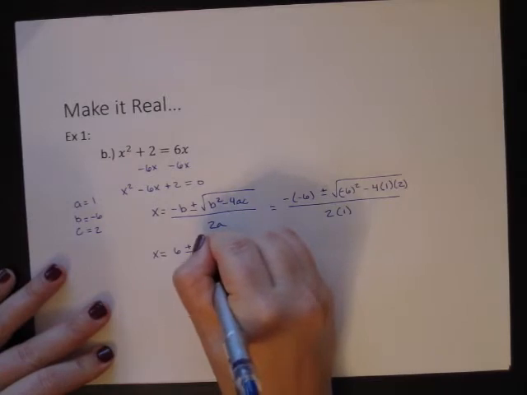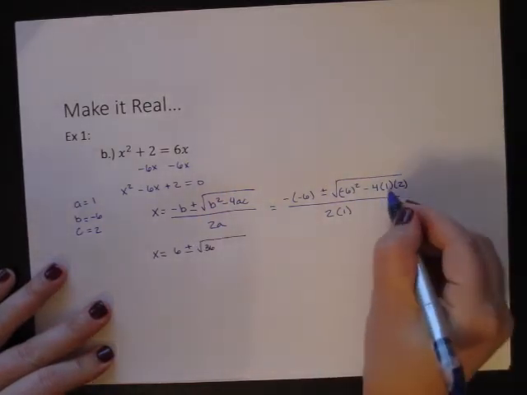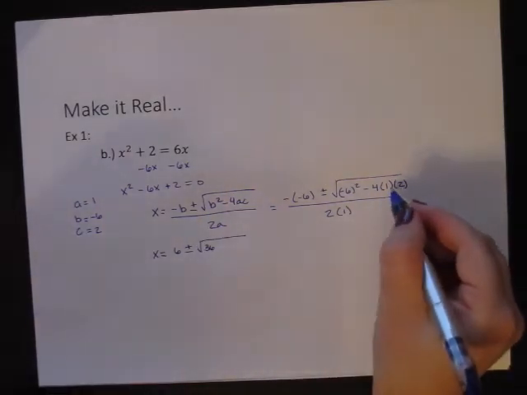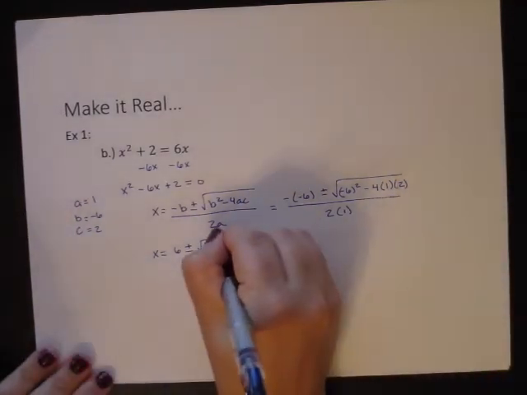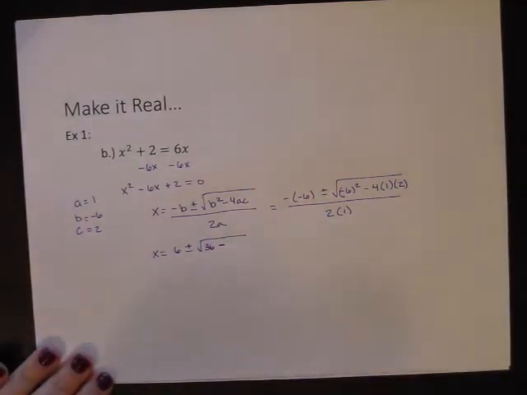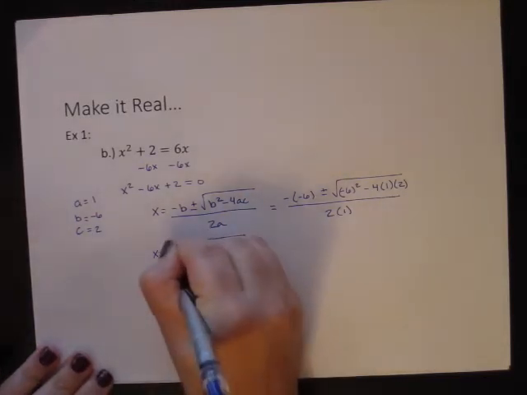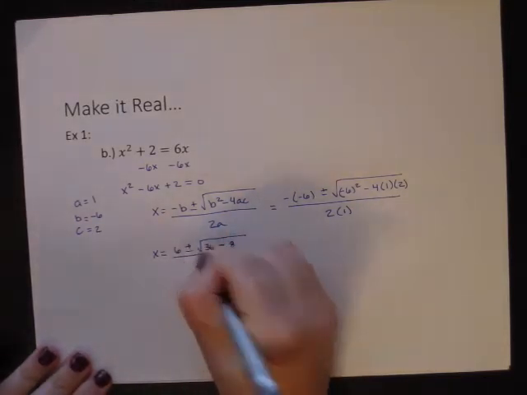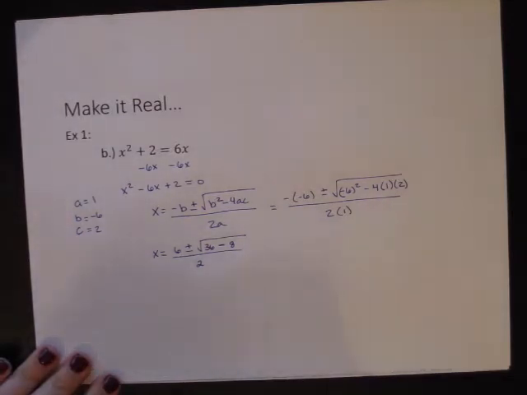Negative 6 squared is going to be 36. Negative times a positive is going to be a negative, so I've got my negative right there. 4 times 1 is 4. 4 times 2 is going to be 8. And that's going to be all over 2 times 1, which is just 2.